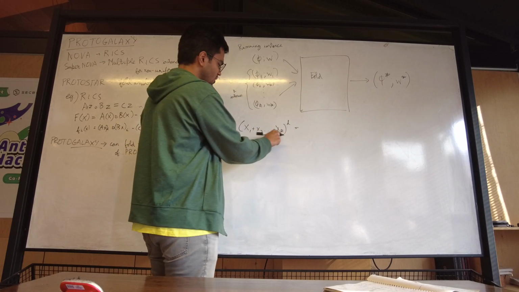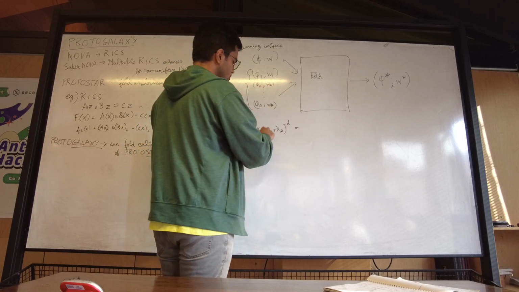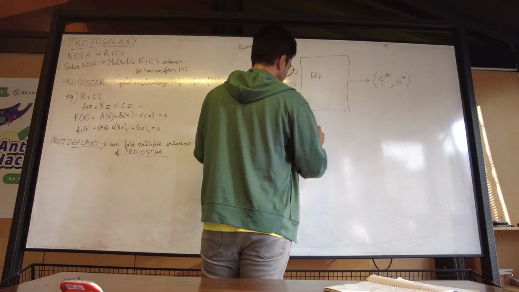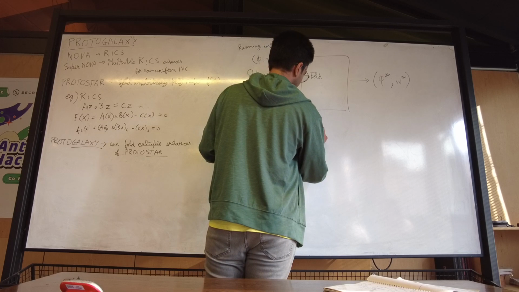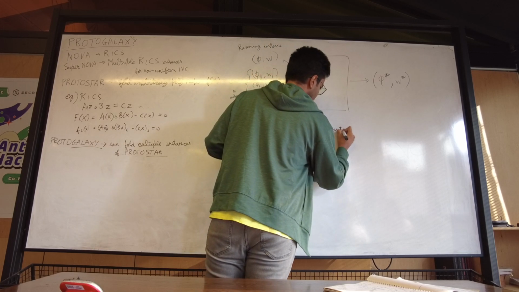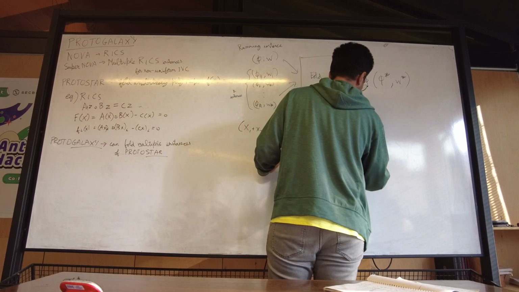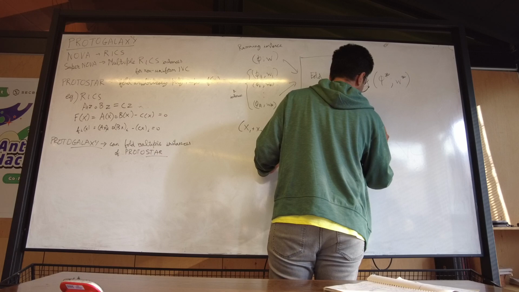Because you will have the combinations of all these terms, x1, x2, x3 up to xk minus 1 or whatever. So the degree of cross terms is exponential in k.